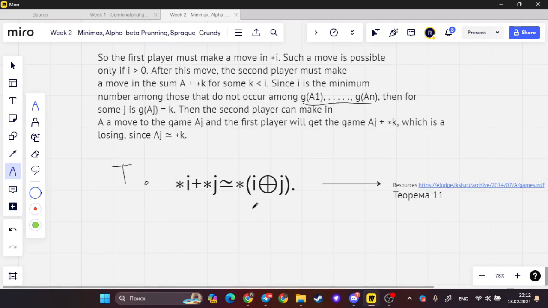I don't want to prove the full theorem because I have no time for it. This theorem is really big.